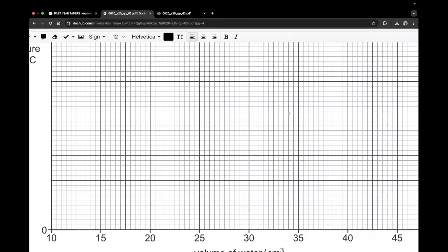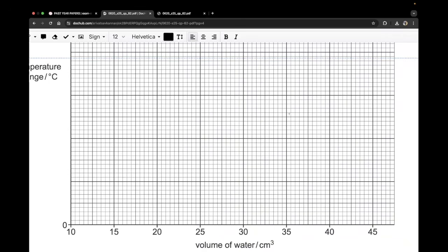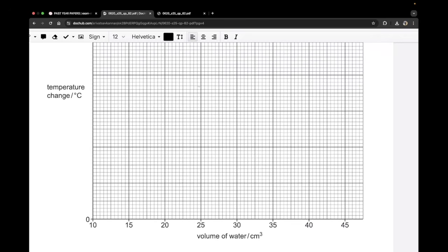So ensure that you use the tiny split between the axes as well to really get it accurate. And one other tip I'll just show you. When you plot a point with a dot at any point, ensure you draw a circle around it so that the examiner is clear about the points that you have marked.